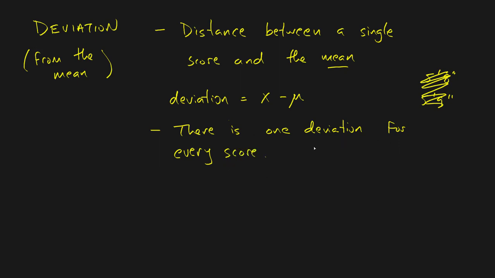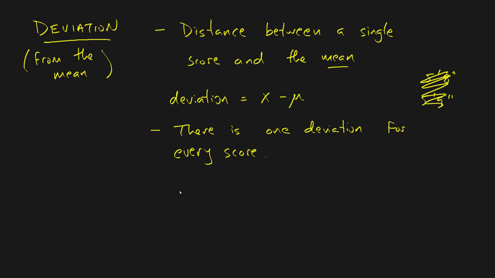Now, because there's one deviation for every score, this doesn't really help us to summarize things. If we have 1,000 scores, if we have 1,000 pieces of data in our sample, then we're going to have 1,000 deviations. So the deviation is not the best measure of variability, simply because there's going to be just as many of them as there will be data points. We need to have a single value that sums up all of the deviation.